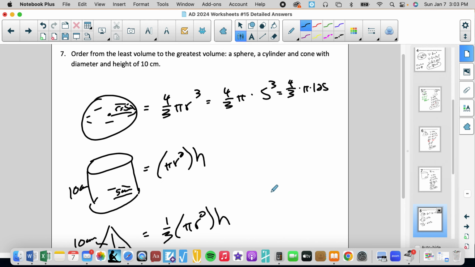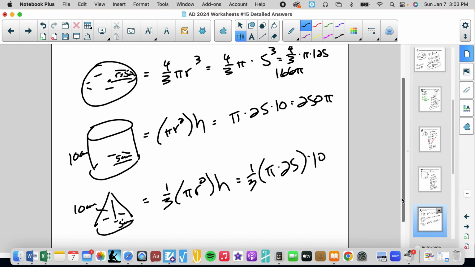Okay, this is going to be pi times 25 times 10, which is 250 pi. That's surprising. And this is 1/3 pi times 25 times 10, which is going to be 250 divided by 3 pi.